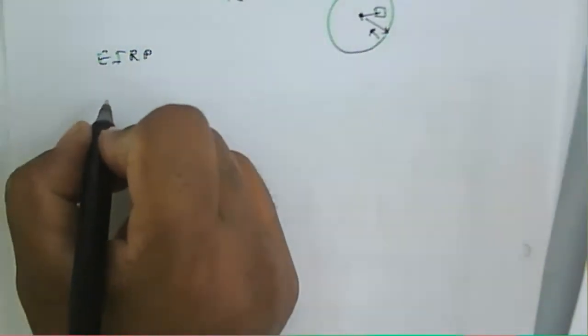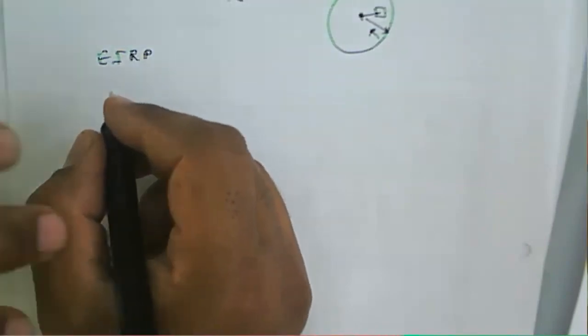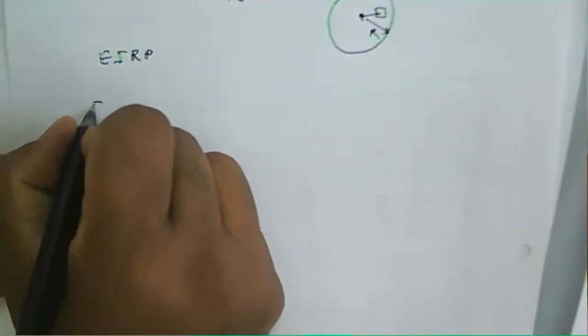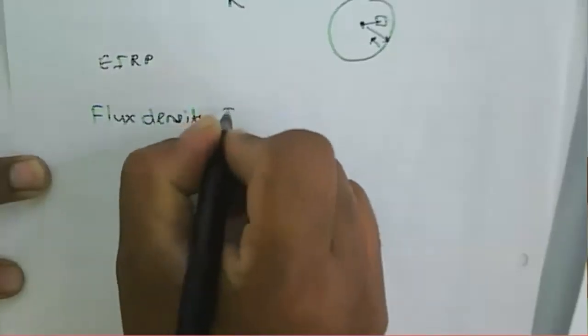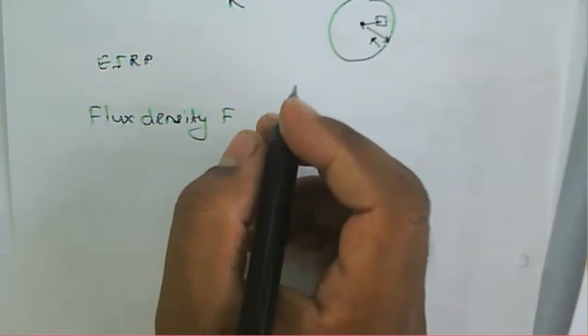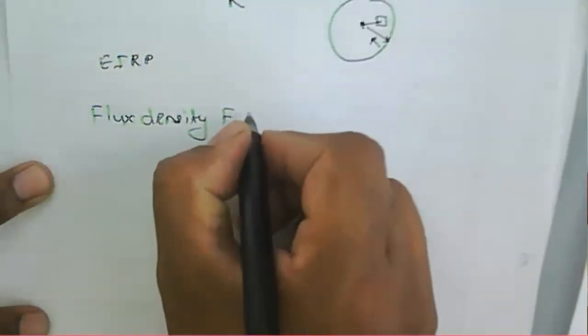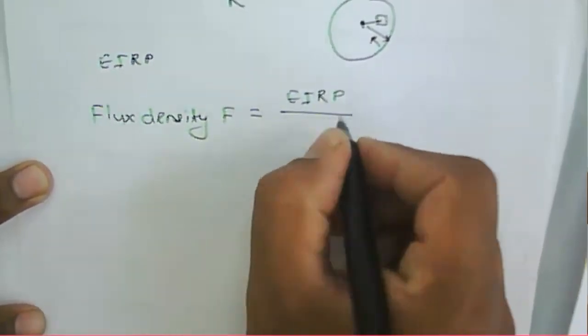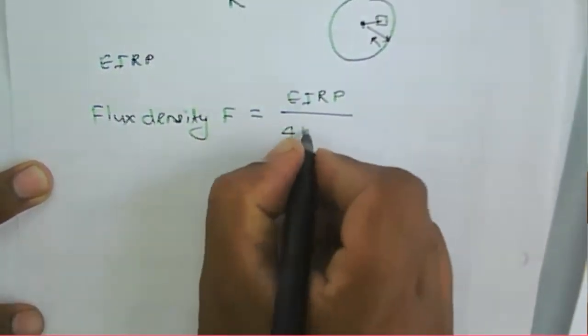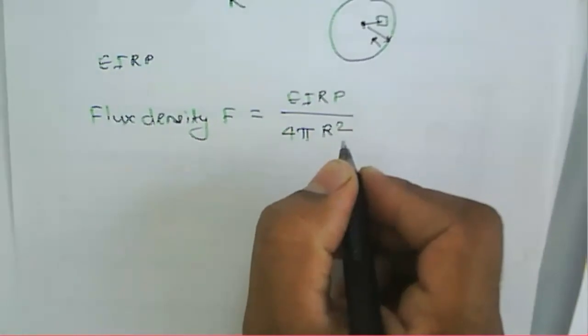So that's why the power flux density is F equal to EIRP divided by 4 pi R square.